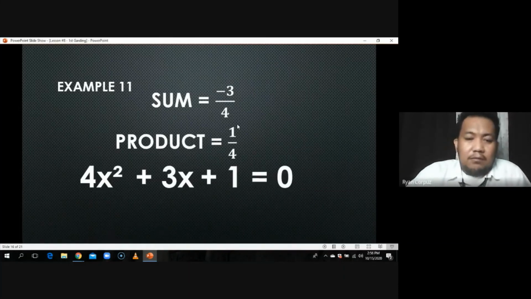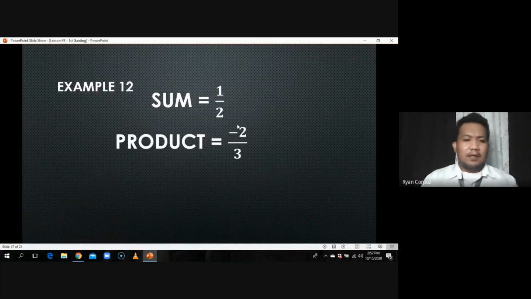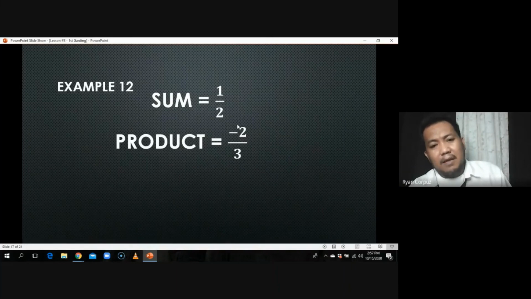So with the given sum which is equal to negative 3/4 and the product which is equal to 1/4, we form the quadratic equation as 4x squared plus 3x plus 1 equal to 0. But what if the given sum and product are like this? It's not anymore the same denominator.